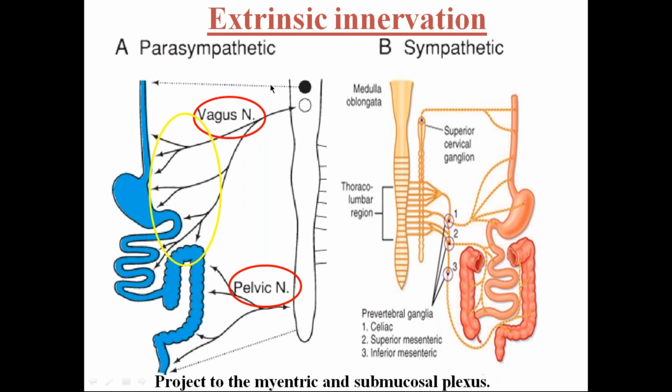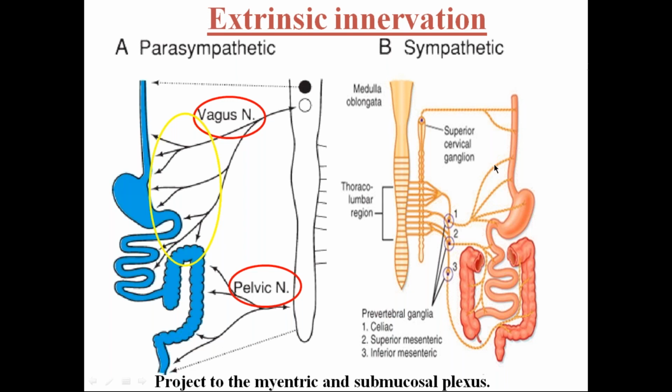So parasympathetic innervation to the GIT is by means of craniosacral division. Craniosacral means cranial nerve है एक और pelvic nerves है. Cranial nerve में कौन सी cranial nerve है? It is by means of the vagus nerve, and pelvic nerve में you have the S2, 3 and 4 divisions of the sacral division. ठीक है?